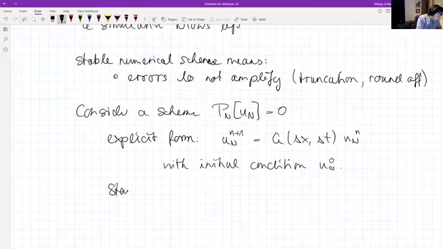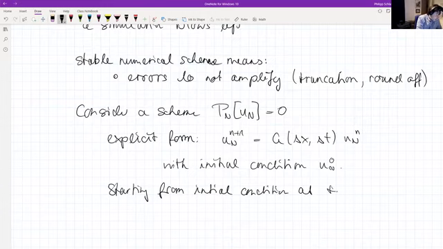So starting from the initial condition, at time 0, I have my un0, I multiply that with g, then I get u1n. I multiply that again with g, that gives me u2n, and so on.